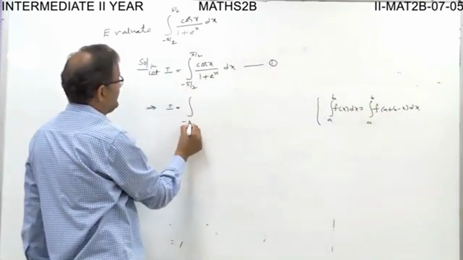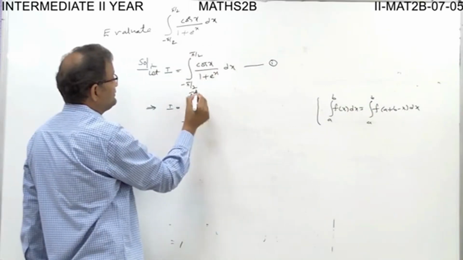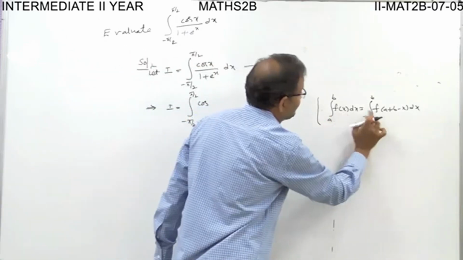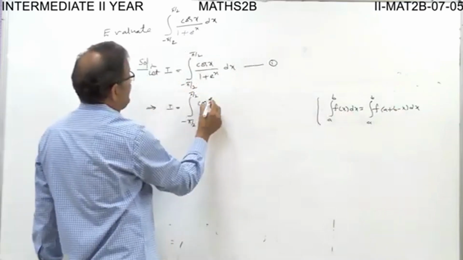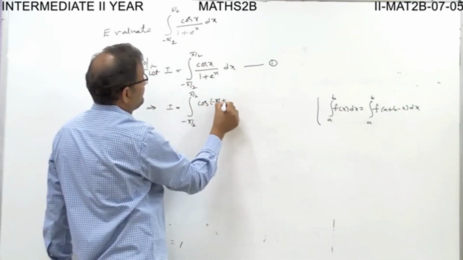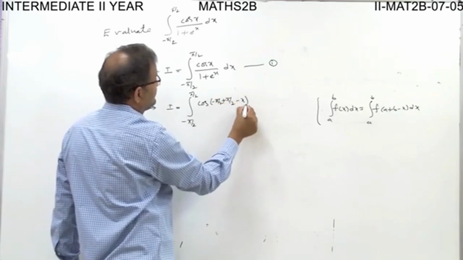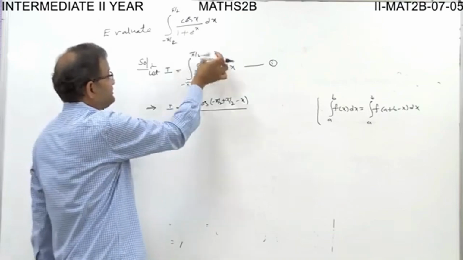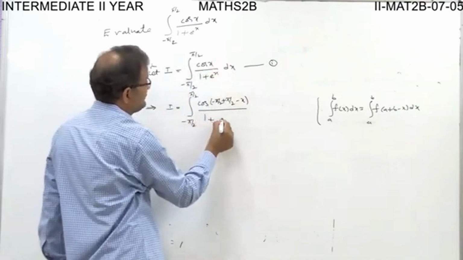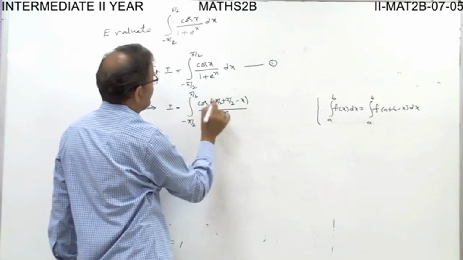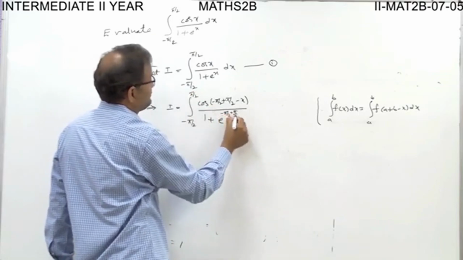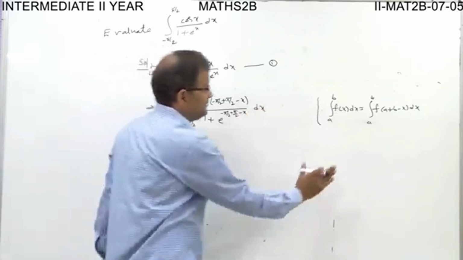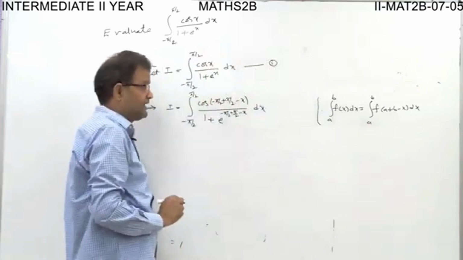Here this is equal to integral from -π/2 to π/2 of cos of x, where we replace x with a plus b minus x, that is cos of (-π/2 plus π/2 minus x) by 1 plus e to the power of (-π/2 plus π/2 minus x) dx, by using this property of definite integrals.